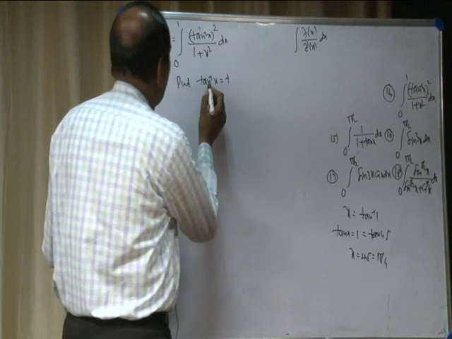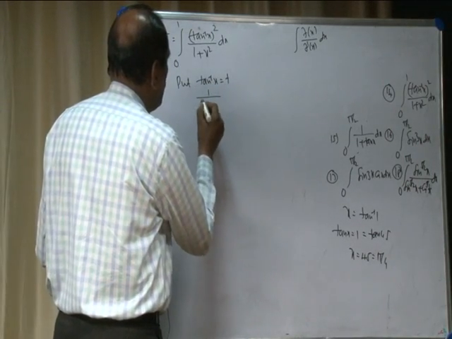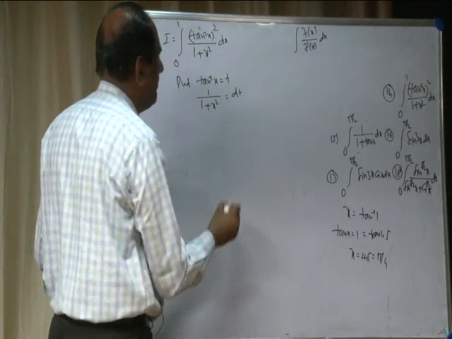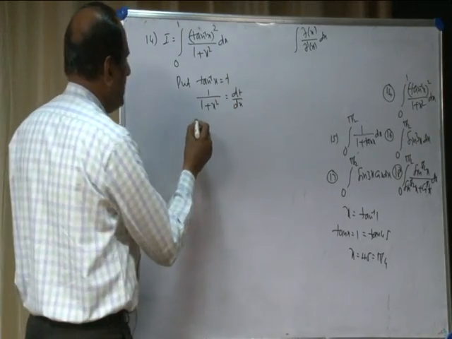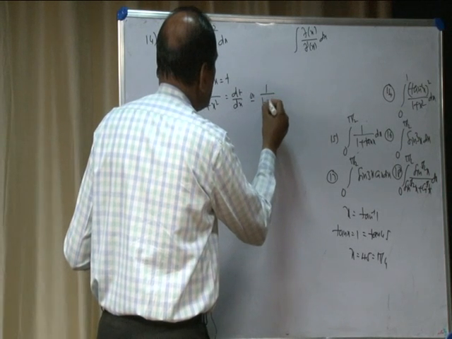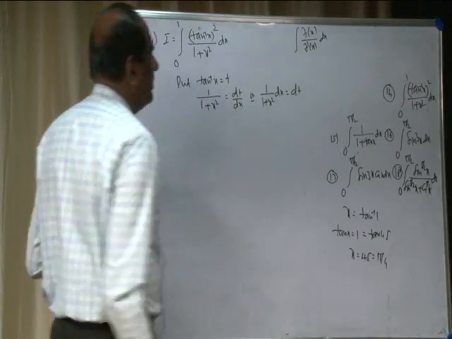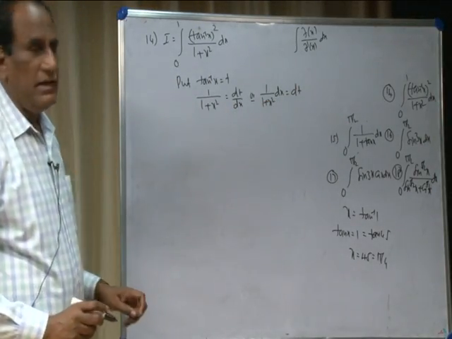Now, the differentiation of tan inverse x with respect to x is 1 by 1 plus x square, equal to dt by dx, or we can write this as 1 by 1 plus x square dx is equal to dt.